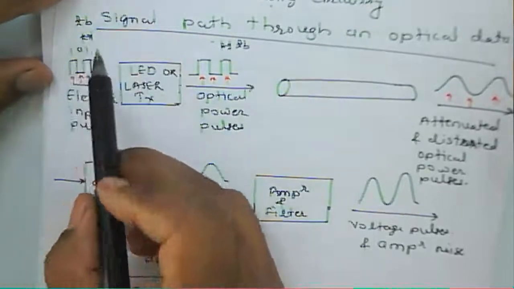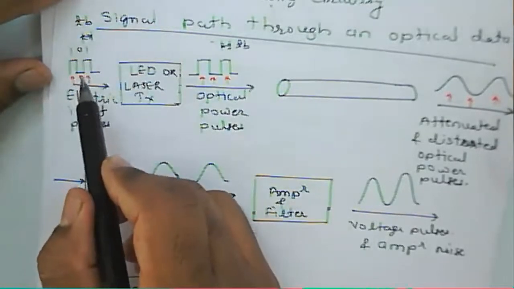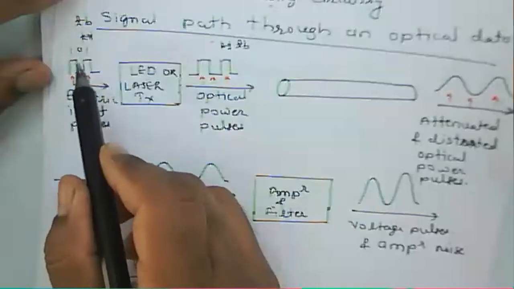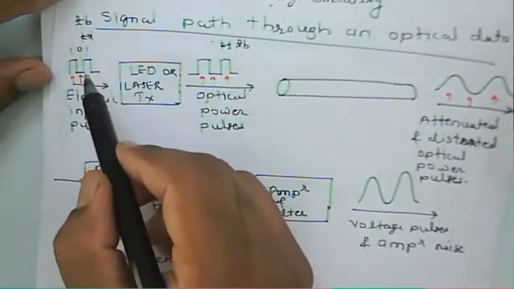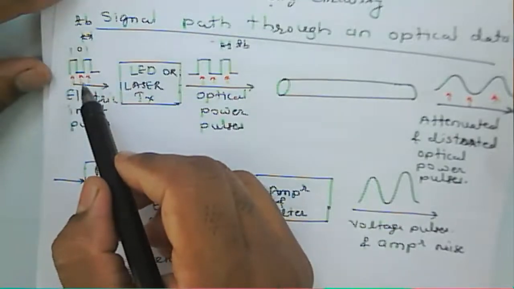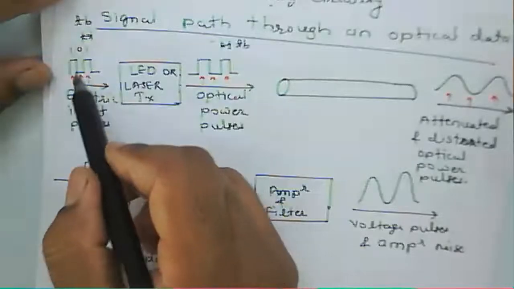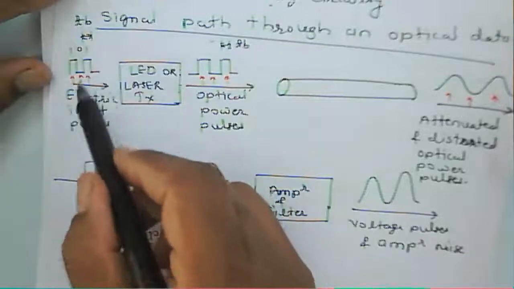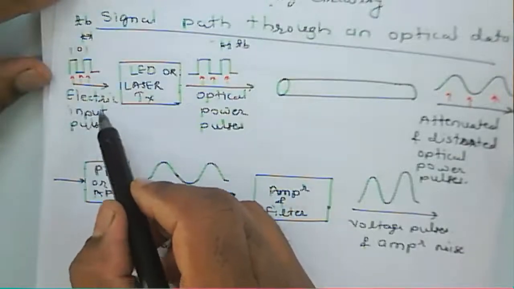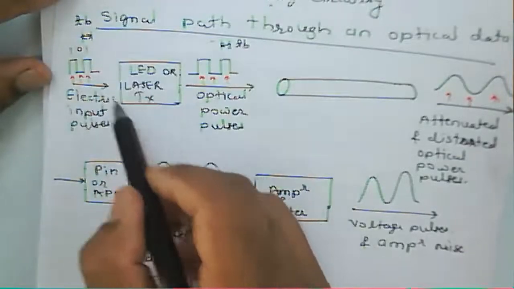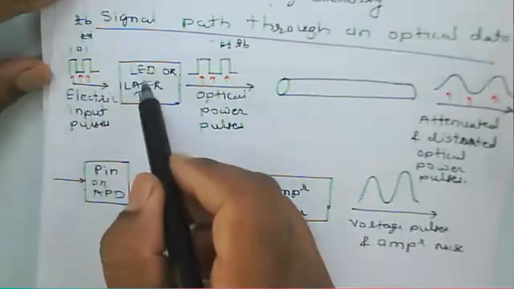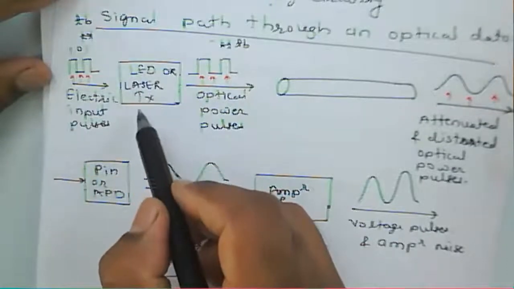So that is the technique we can use, and the output will be in the form of 1 and 0, and then those are the electric pulses that will be the input to your source there.